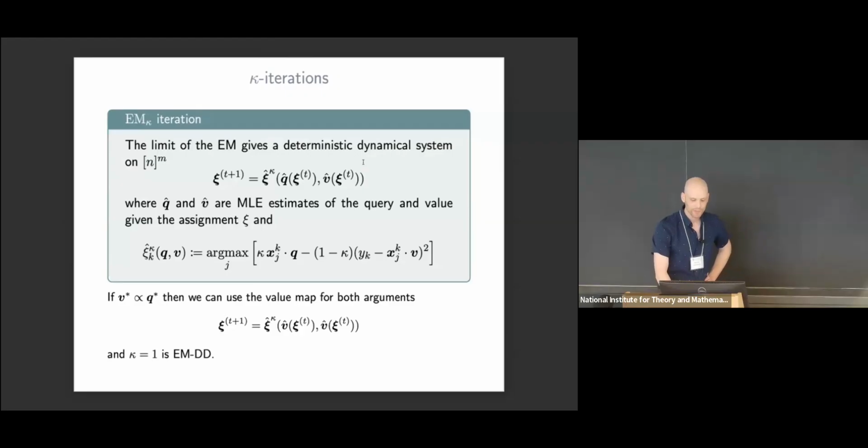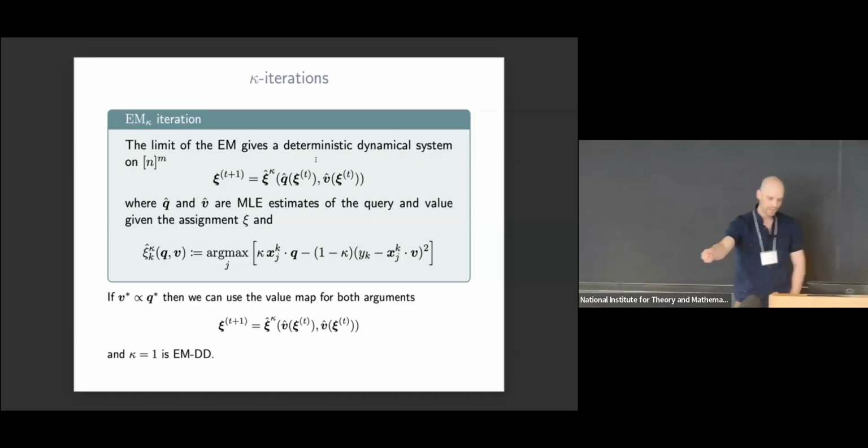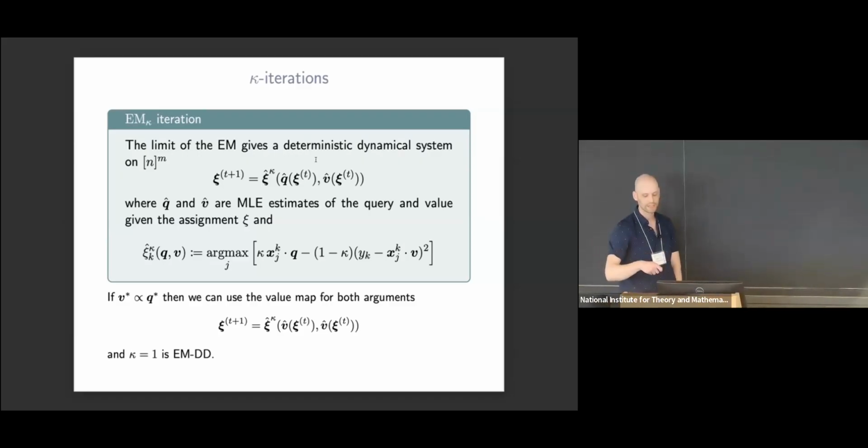And when you take the limit of the EM algorithm as tau goes to infinity, what this gives you is a parametric family of iterations on assignment space parameterized by kappa, which has the same structure as before, except now we have two vectors we're estimating, not just the concept point, but also the value vector and the query vector that go with an assignment.